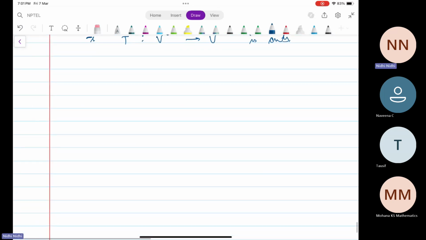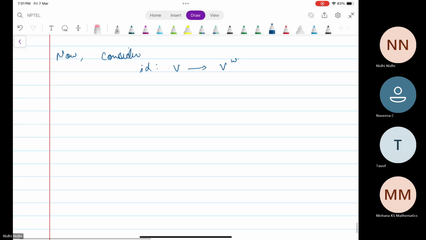Now consider the identity map from V to V weak. So basically, this is just the identity map with the domain having strong topology and the codomain having weak topology. So let U be an open set in V weak.